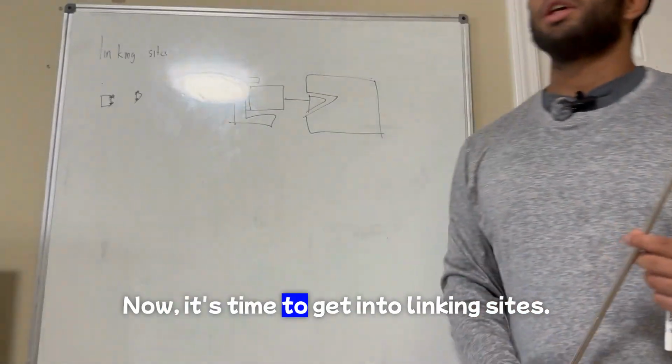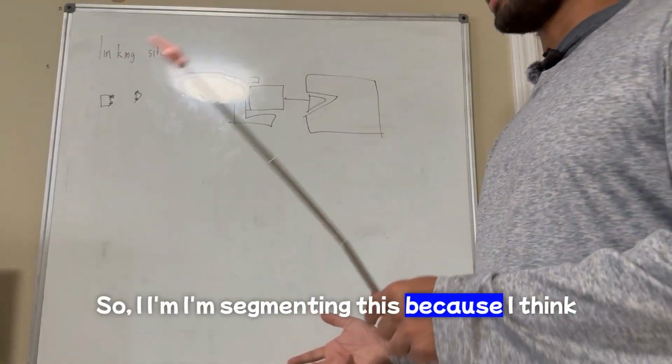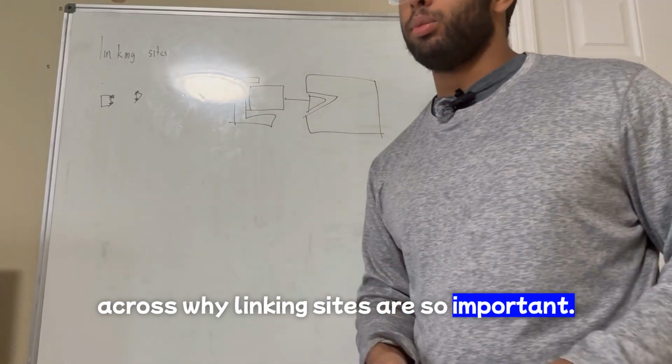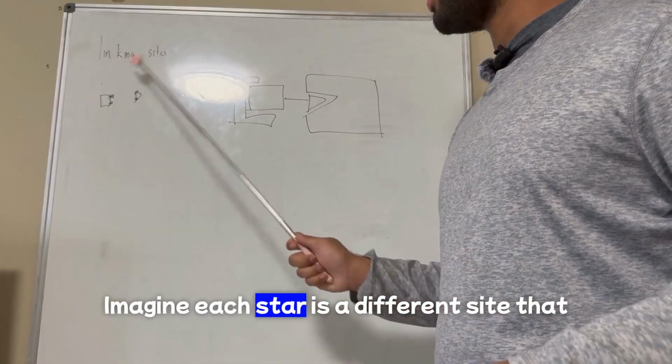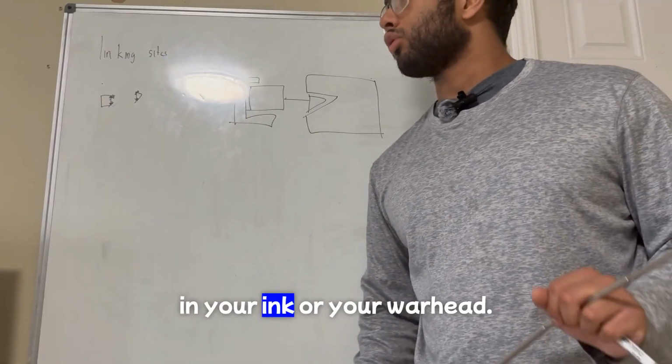Now it's time to get into linking sites. I'm segmenting this because I think it's an important idea to get across why linking sites are so important. So let's look at this. Imagine each star is a different site that you can attach your linker to on your anchor or your warhead.